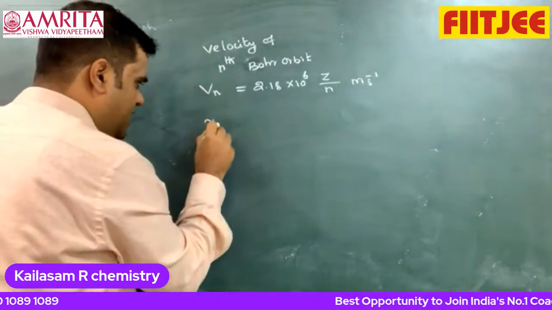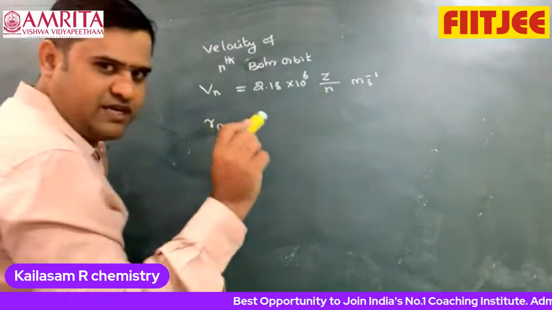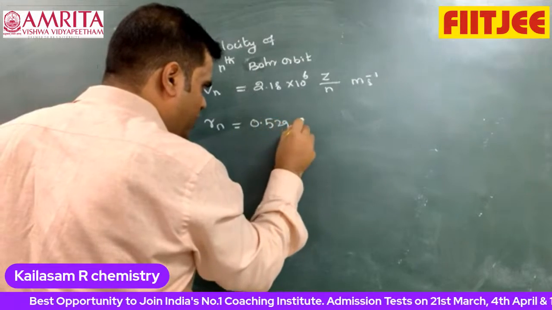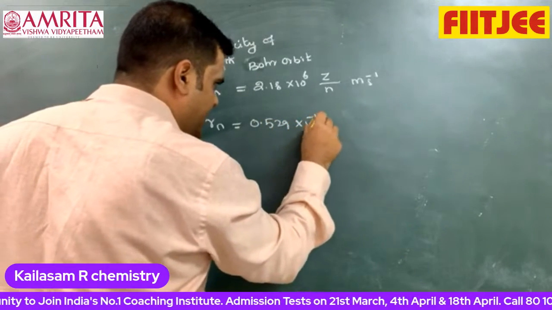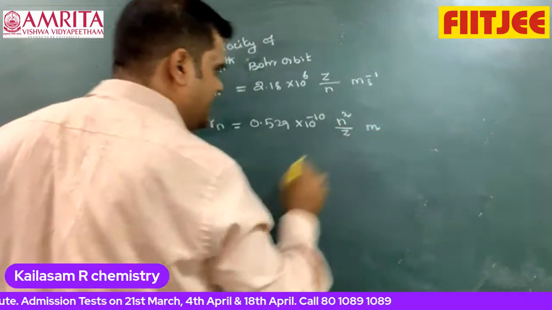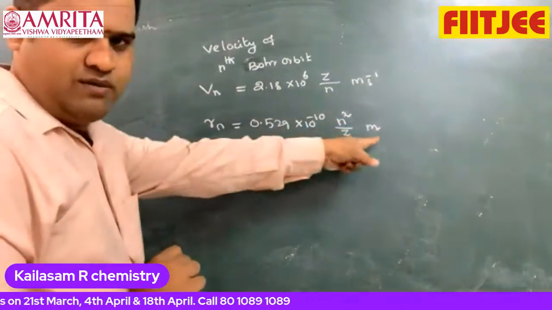Now I can write the radius rn, listen carefully, rn is equal to 0.529 into 10 power minus 10 n squared by Z meter, because the radius unit is meter.